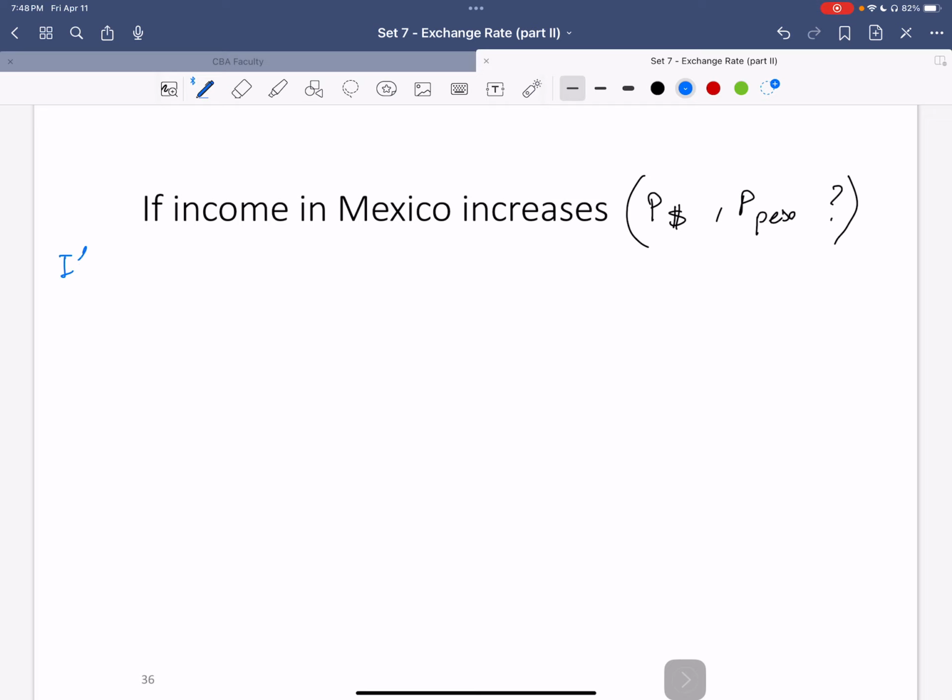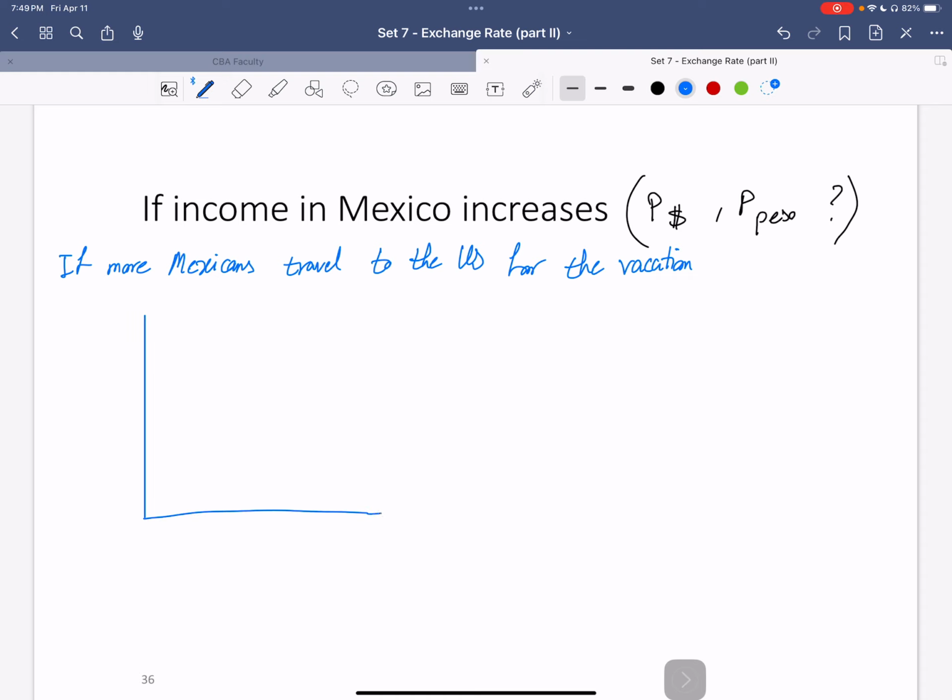And if more Mexicans travel to the US for vacation, we're gonna see these changes in these markets.